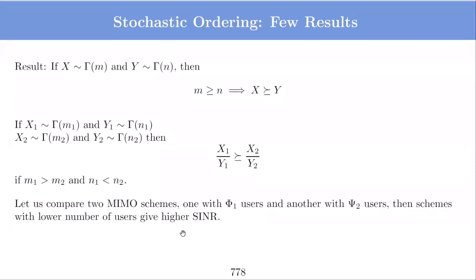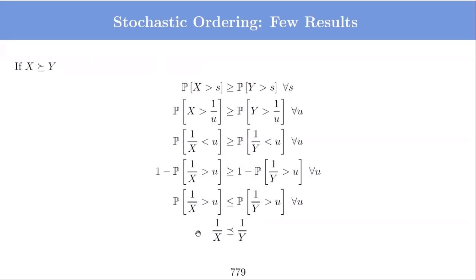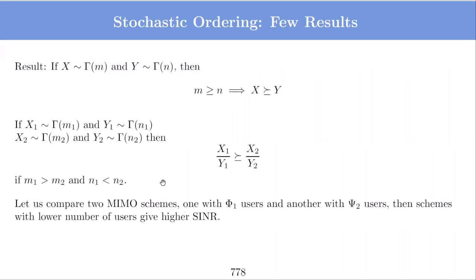So let us compare two MIMO schemes, one with Psi1 users and another with Psi2 users, using stochastic ordering. We can see that the scheme with the lower number of users gives higher SIR.